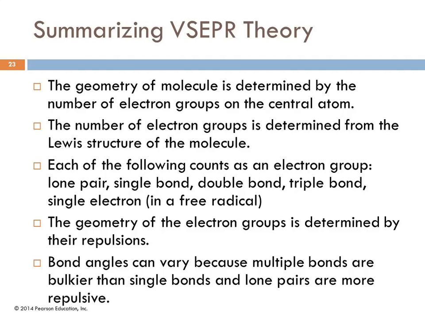But each of those is one electron group. The geometry is dependent on the repulsions of those groups. Bond angles can vary. We can predict what the ideal bond angle for any of these shapes is, but it's going to vary depending on whether there are lone pairs or not, and because the double and triple bonds are bulkier than the single bonds. So that can affect the bond angles a little bit.